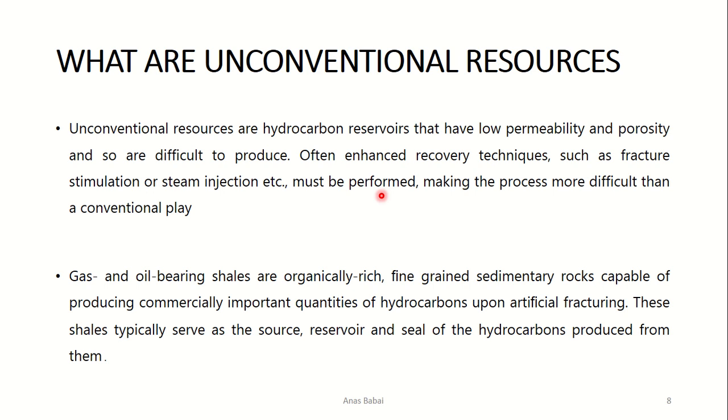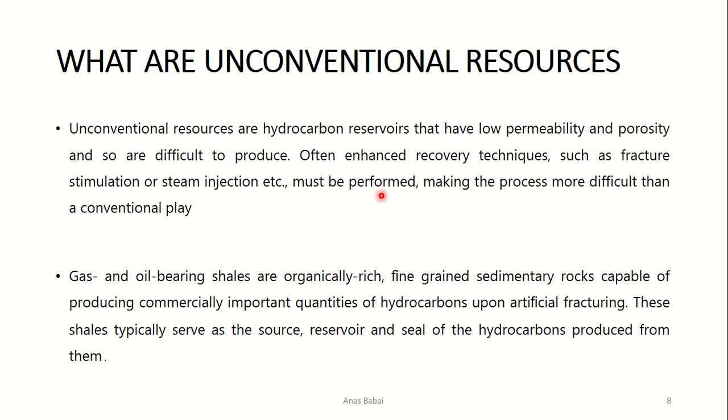Conventional hydrocarbon resources are those resources which are located in reservoir rock, or rock having a sufficient amount of porosity and permeability, and in which the production can take place naturally without any stimulation or any specific treatment.